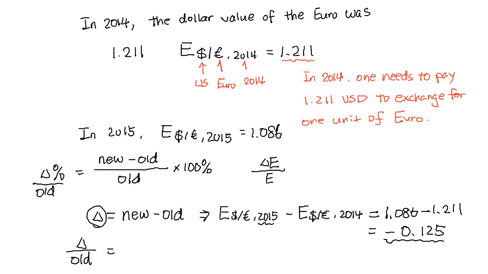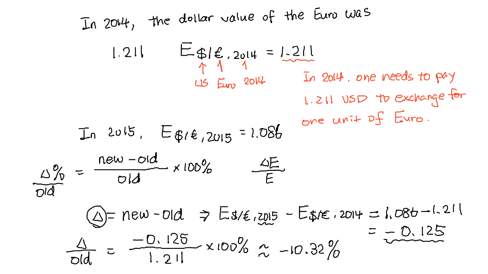That's equal to the exchange rate in 2014. All right, so just plug in the number. This one is the one we just calculated, divided by the old one, the original one, that's 1.211, times 100%. So you will get this number, it's equal or very close to this. Okay, so now we know the change rate of the exchange rate is equal to this.